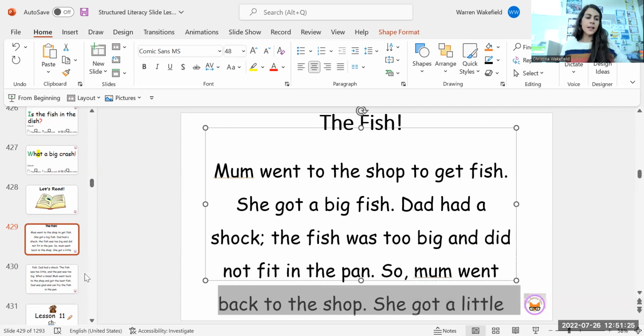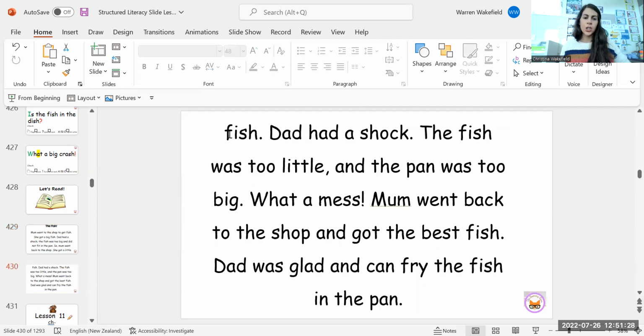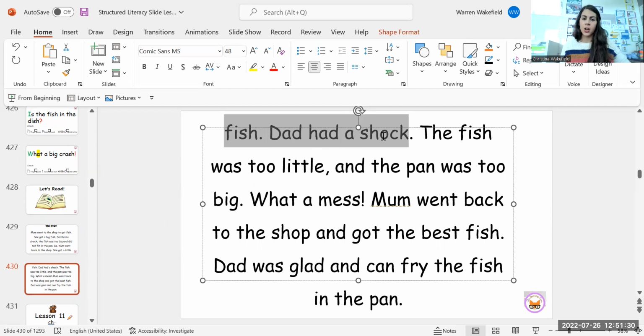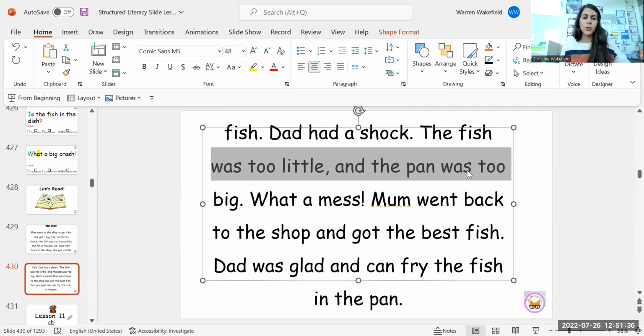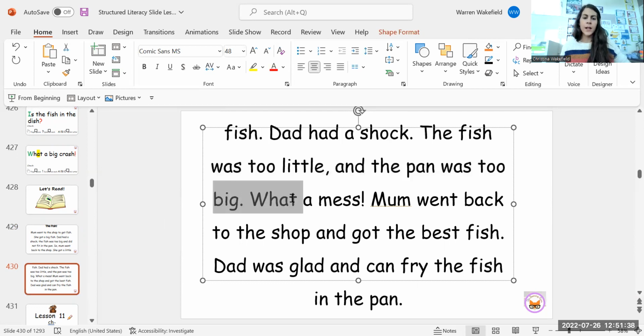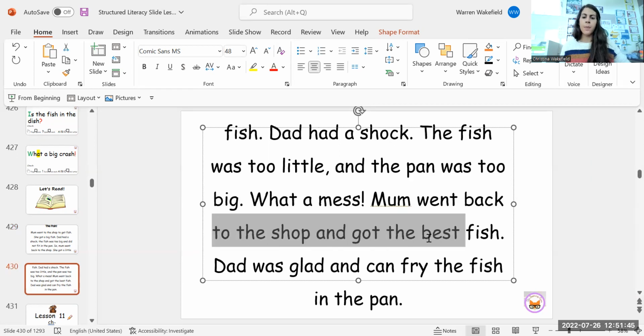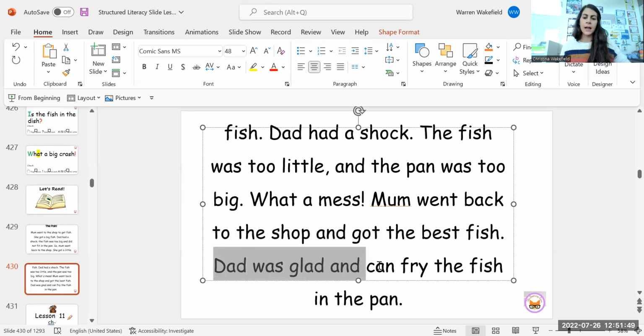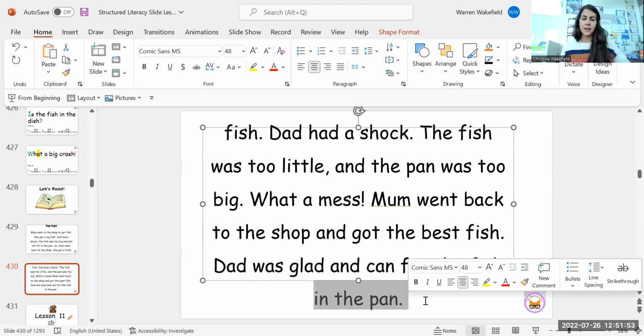She got a little fish. Dad had a shock. The fish was too little and the pan was too big. What a mess. Mum went back to the shop and got the best fish. Dad was glad and can fry the fish in the pan.